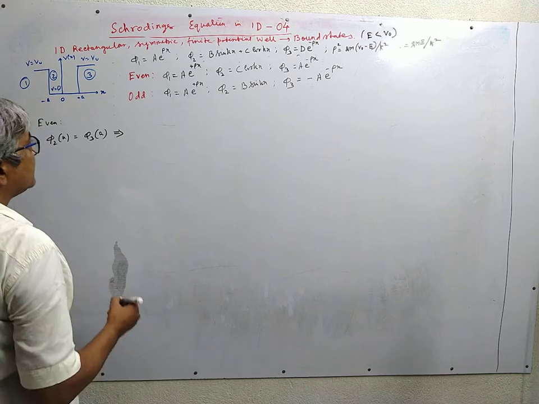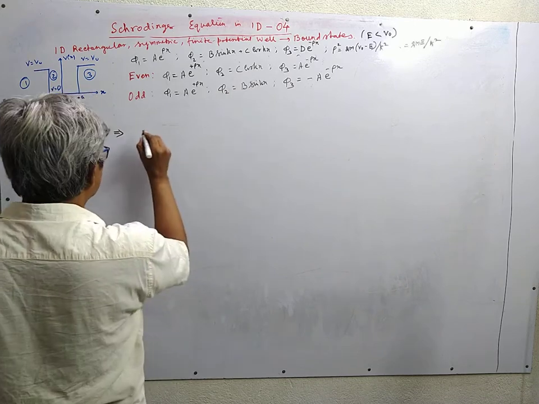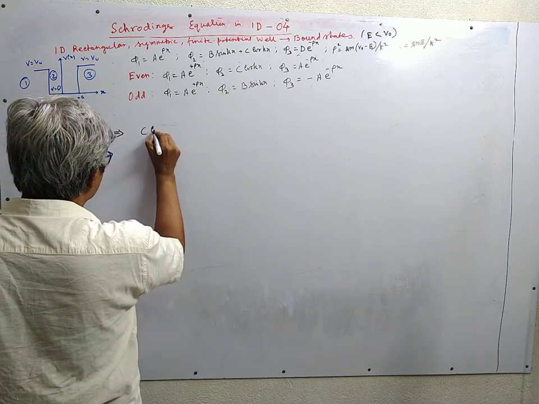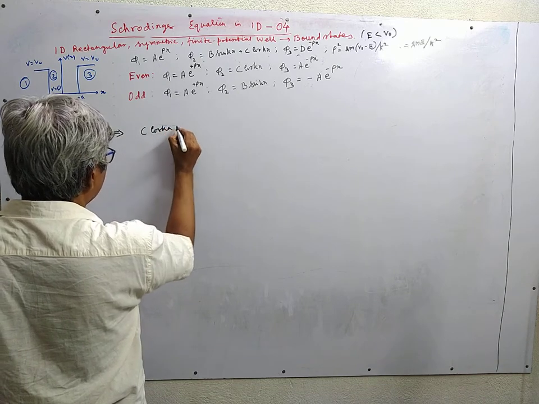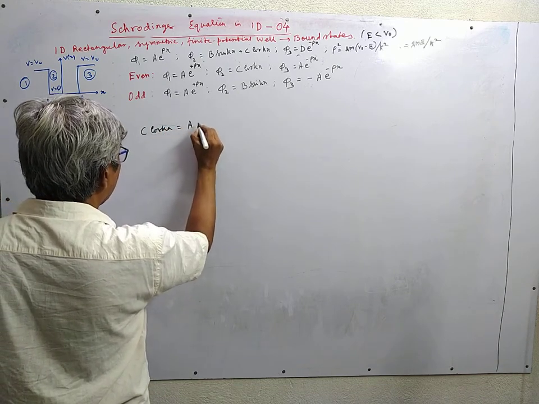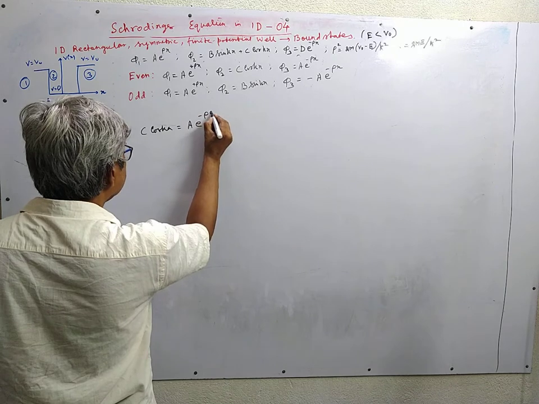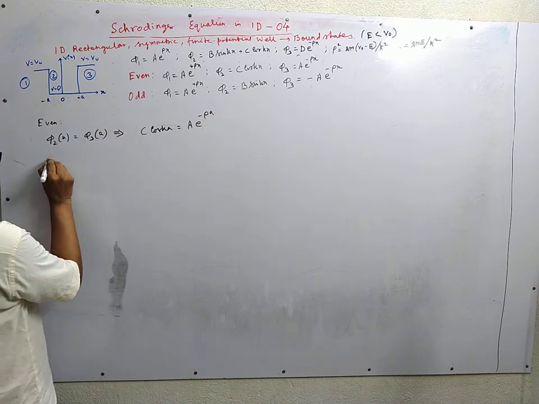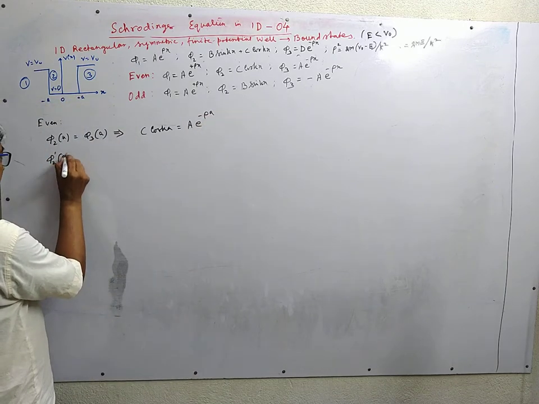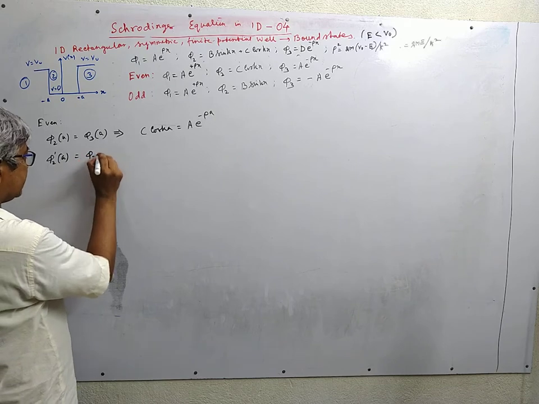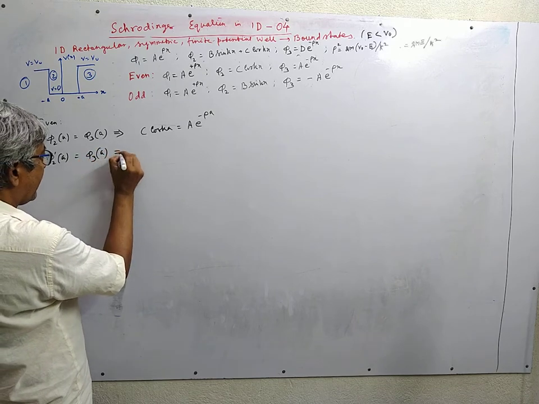This gives you, for the even state, phi 2 is C cos Ka is equal to A e to the power minus rho a, and then phi 2 prime at a is equal to phi 3 prime at a.